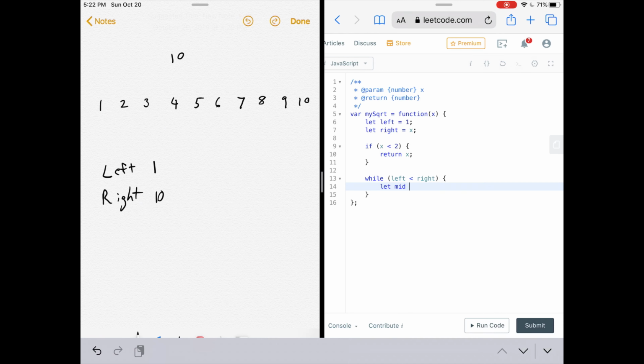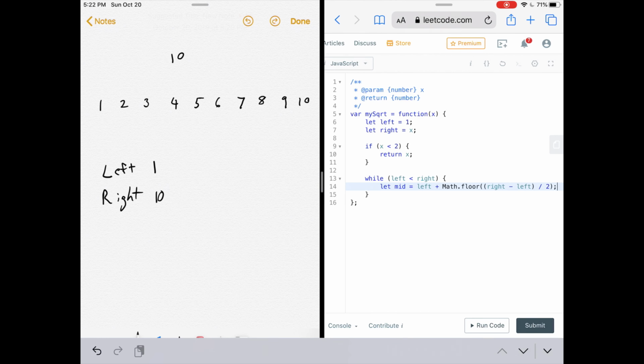So let mid equal left plus math.floor of right minus left divided by 2.